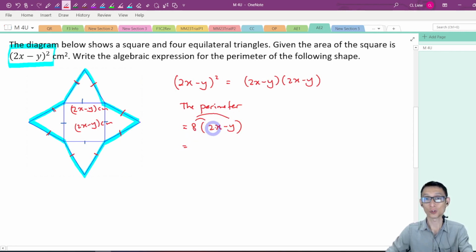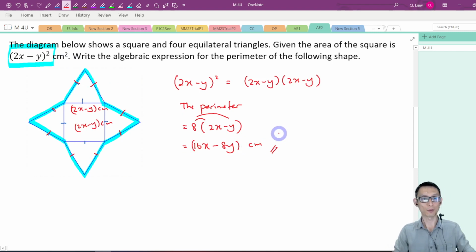Let's do the expansion. 8 times 2, you get 16x, and 8 times negative y gives negative 8y. If you don't want to put a parenthesis here, it's okay. This is a perimeter, so the unit will be centimeters.